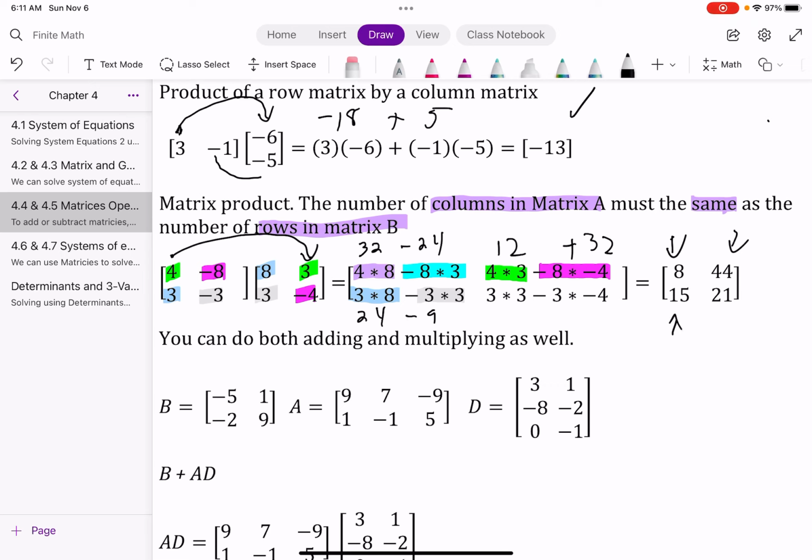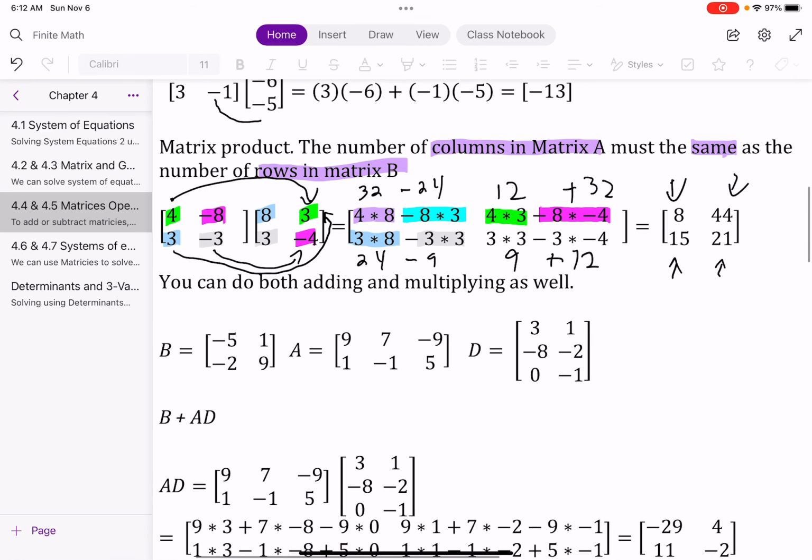And because everything's highlighted, I'm not going to do the next one, but we could do it here. We're going to do 3 times the 3, which is 9, and then negative 3 times negative 4, which is positive 12. 9 and 12 finally gives me my 21. Sorry about the little bit of mess up at the beginning, but you can see we all kind of take our time with this and write it out.